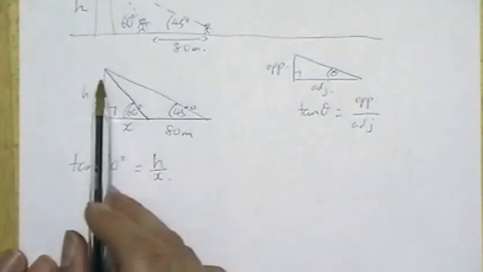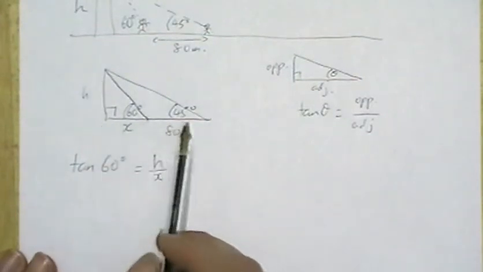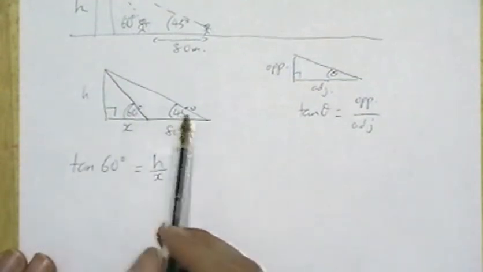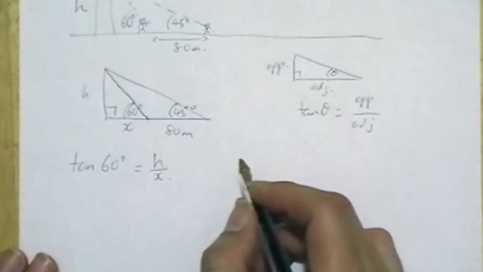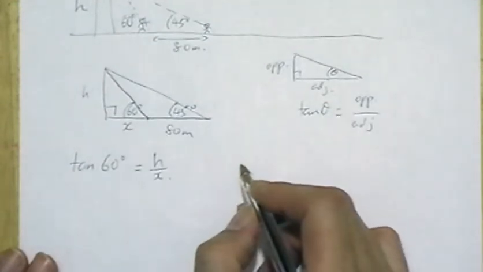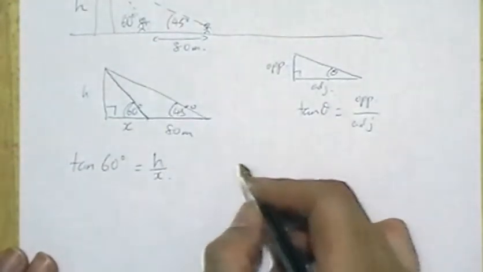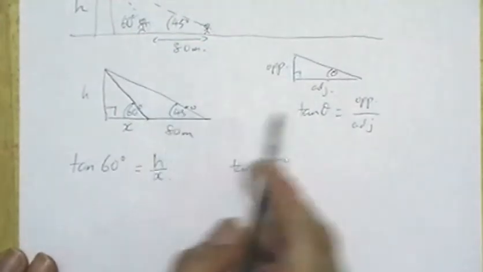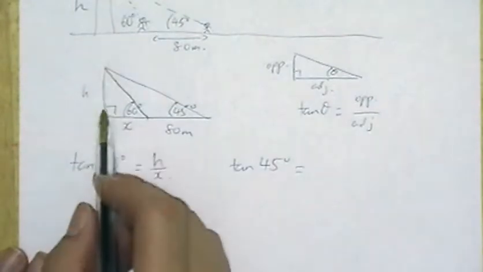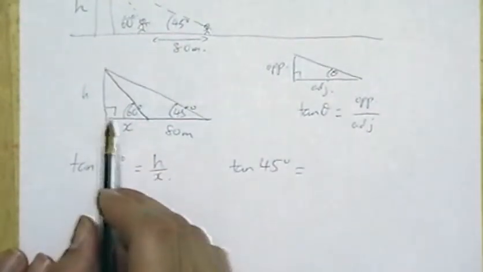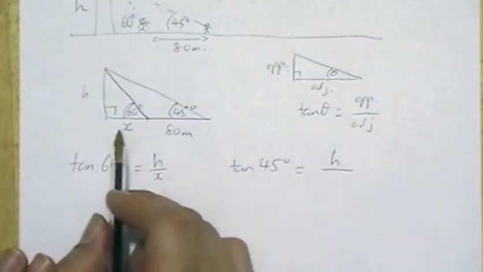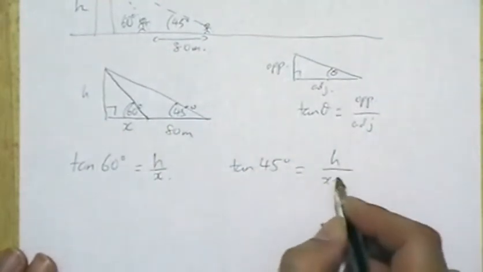Now the other possible relation is for this bigger triangle between h and 45 degrees. So let's think about tangent of this angle. That should be equal to the opposite, and this time the adjacent is here. So h over x plus 80.